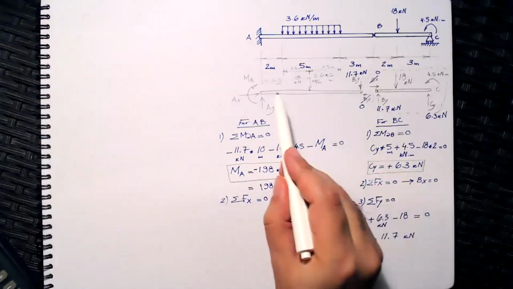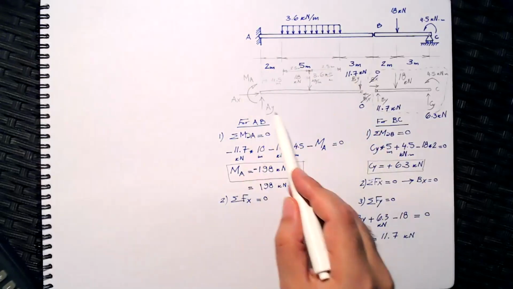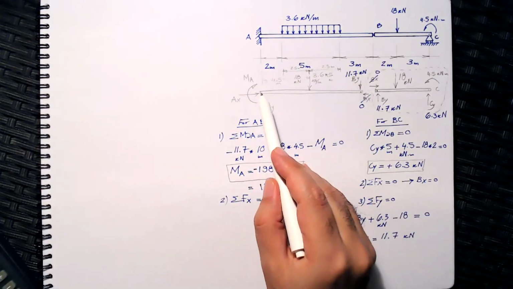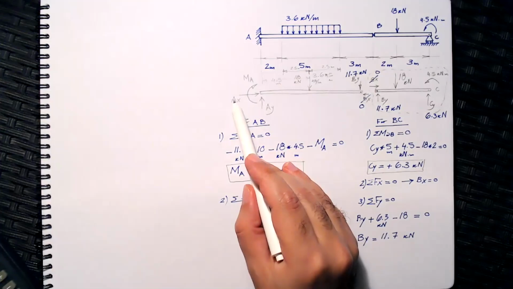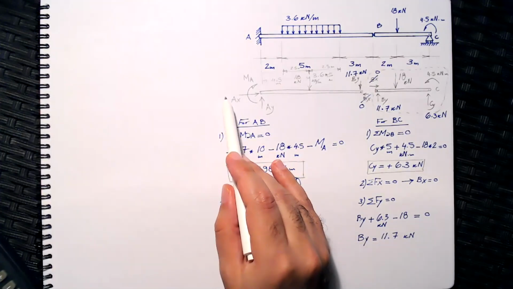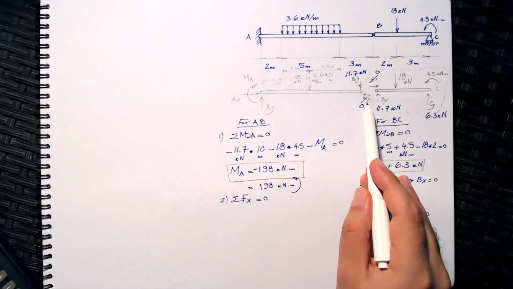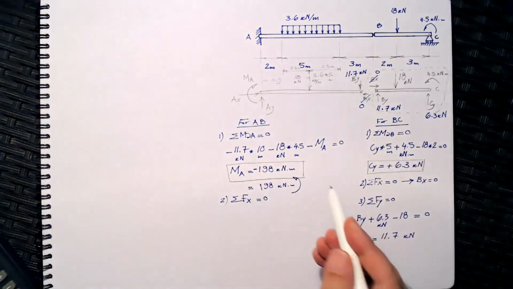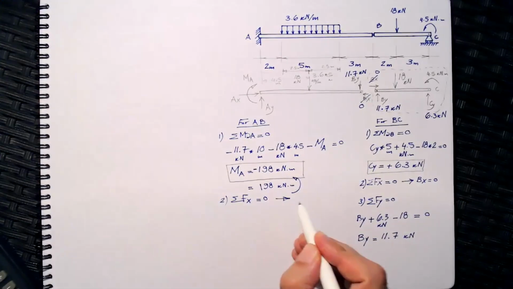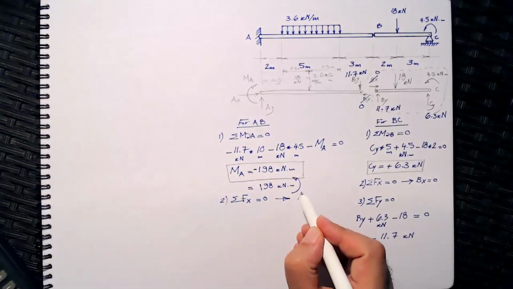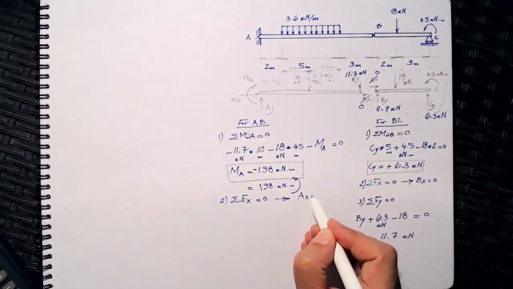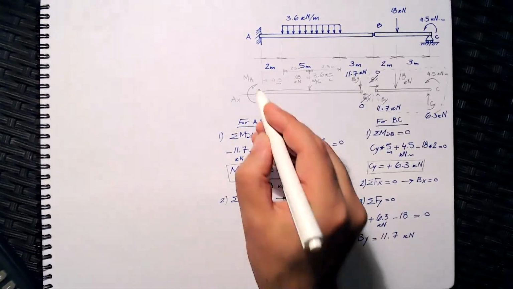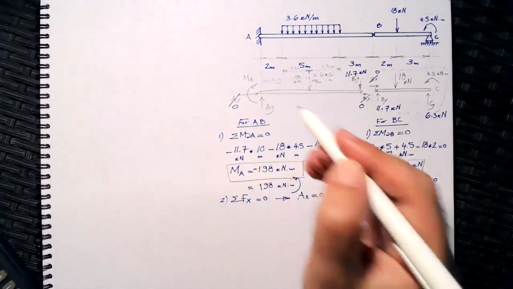If you look closely at the left-hand side of the joint, you will realize that AX will have to equal BX. And since BX is 0, then AX is 0 as well. So this equation shows us that AX has to be 0.